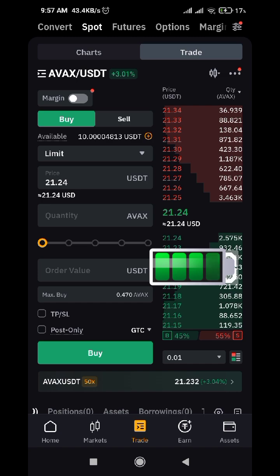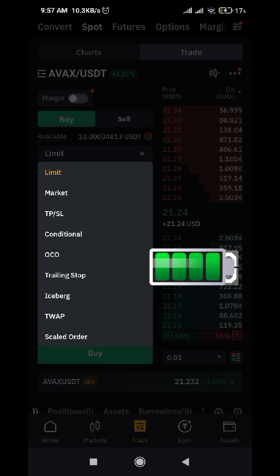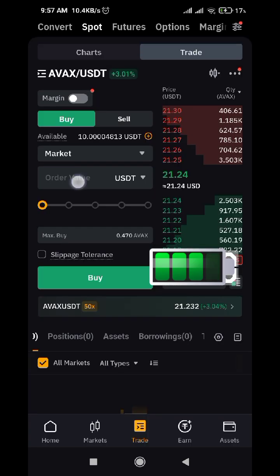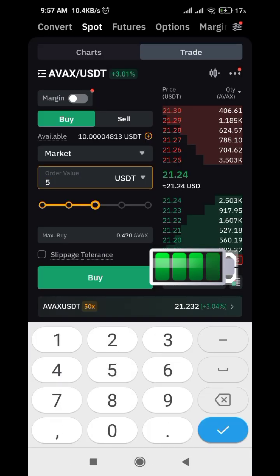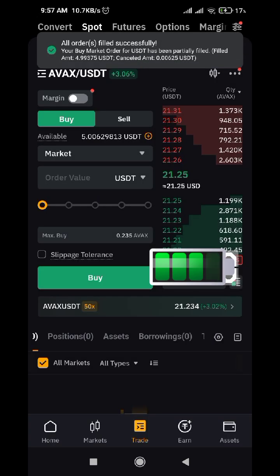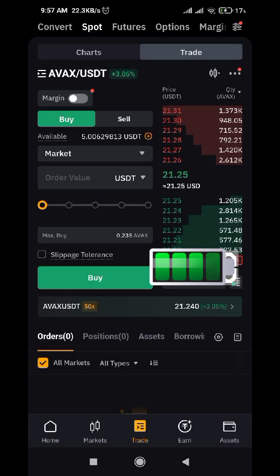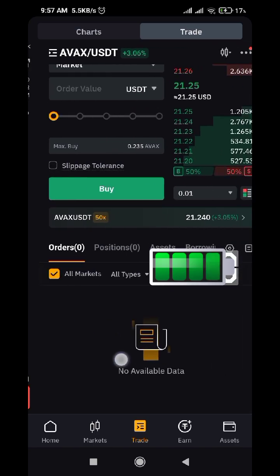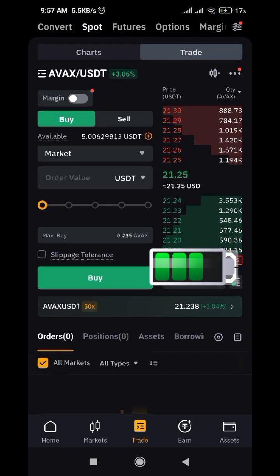So you want to buy at the current price, so you change from limit to market. After you change from limit to market, you click on the order. Let me use like $5 here. The $5 is going to give you 0.47 in AVAX. Since you are going to do it immediately, you click on buy. When you click on buy, you confirm again, buy. So immediately we are bought. You are going to see that right here shortly before I finish this tutorial.